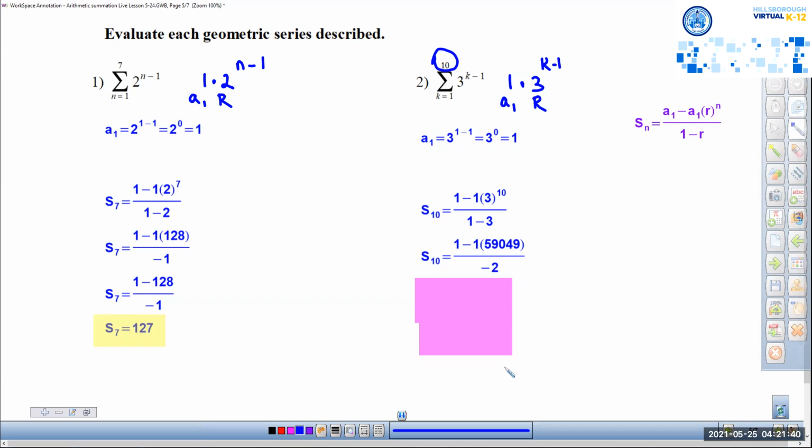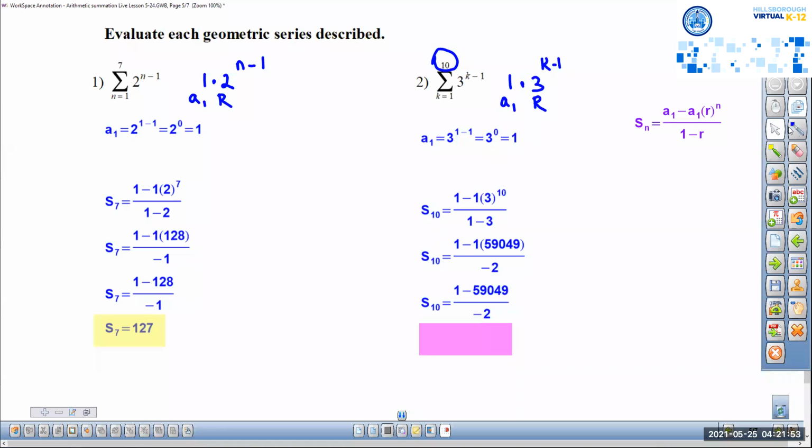59,049. Now be careful here because you've got to multiply negative 1 times that. You can simplify the denominator. 1 minus 3 is negative 2. So all I did here was multiply a negative times a positive, so you're subtracting that. So now in your calculator, do 1 minus 59,049.